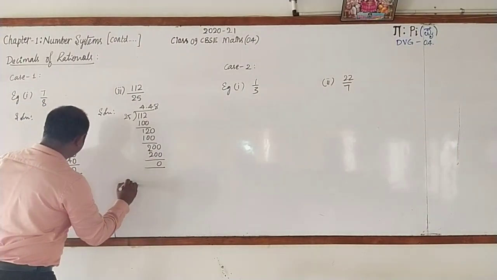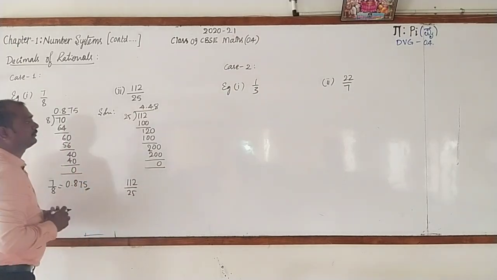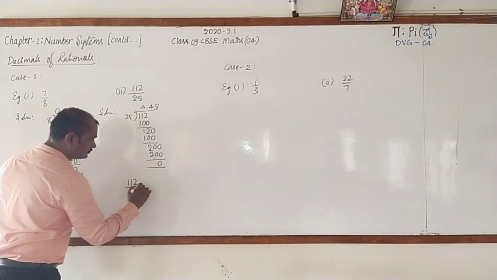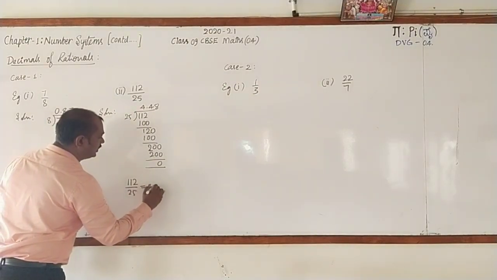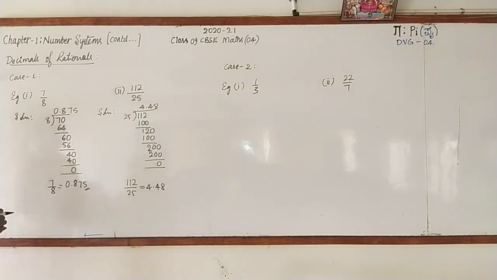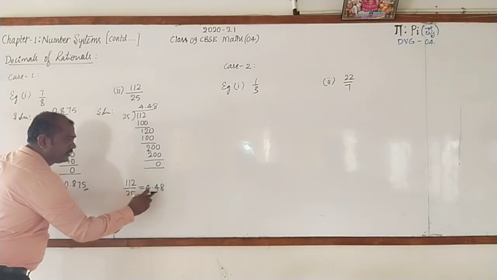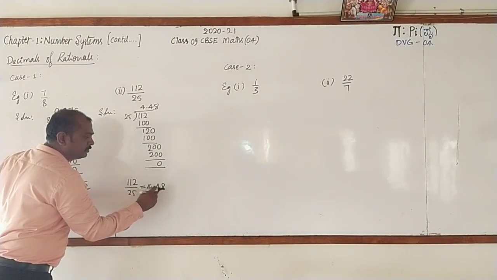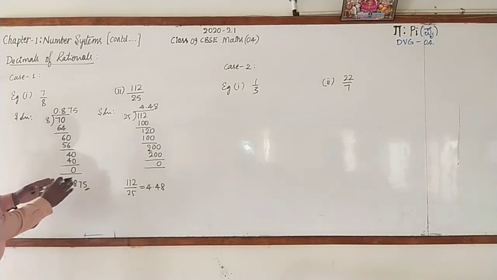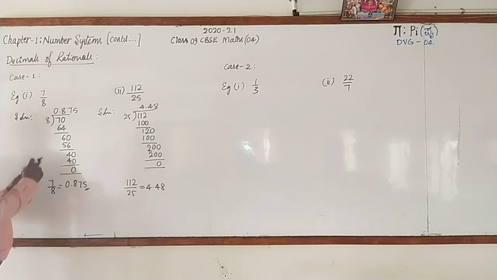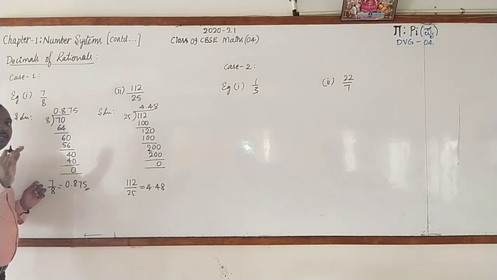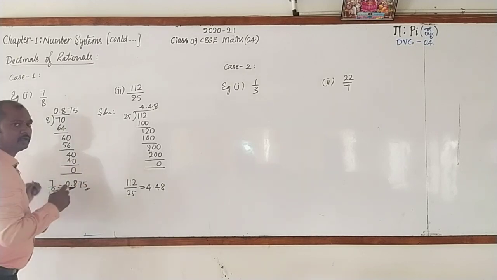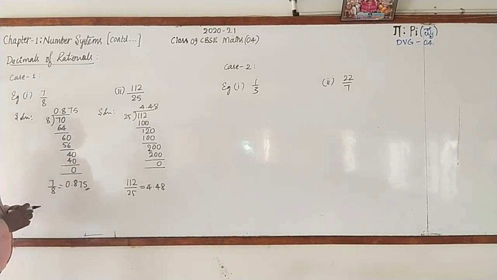What is the decimal expansion of 112 by 25? It is 4.48. Now, just observe it. Even this is also a terminating decimal expansion because of a countable number of digits. So one thing you can conclude: if the rational number has a terminating decimal expansion, what will be the remainder? The remainder will be 0. Got it?